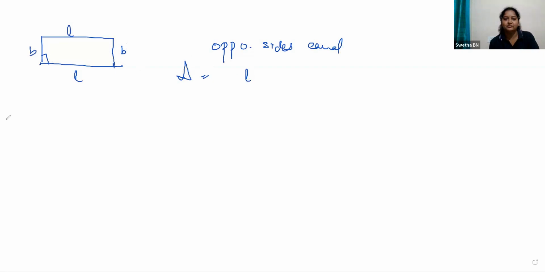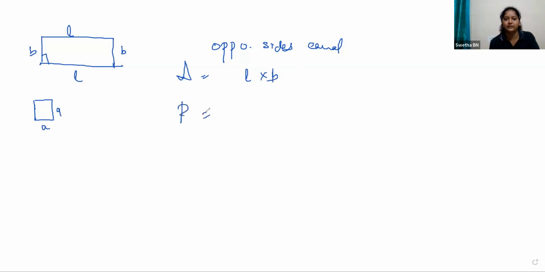See, in square we took A into A, no? A into A is A square. That is area of square. So what do we have to take here? Take length and breadth. L into B. Here we are taking A into A. Here it is L into B.